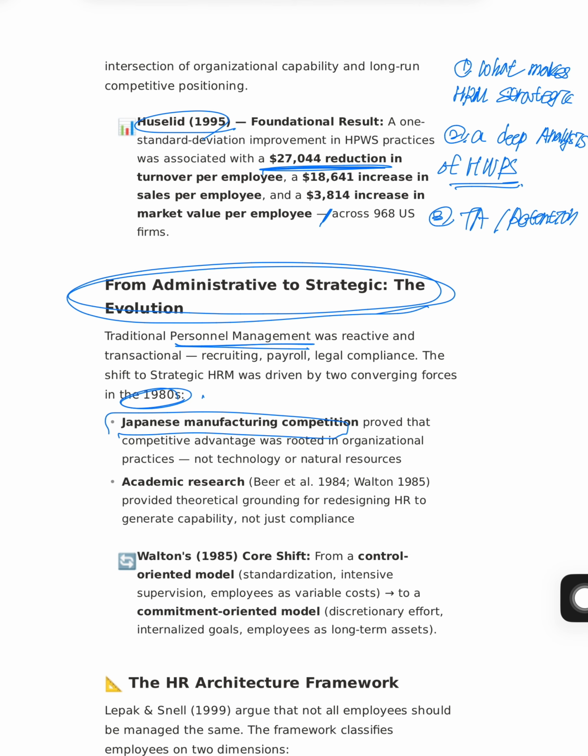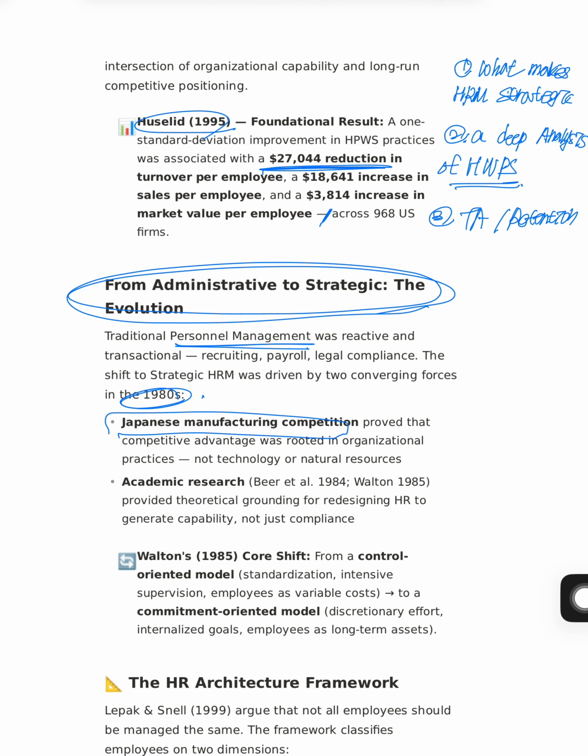This forced American and European firms to confront the uncomfortable reality that Japanese companies were achieving superior quality, speed, and cost simultaneously, and that their competitive advantage was rooted not in technology, natural resources, or government protection, but in organizational practices: how they designed work, trained employees, structured the teams, and built cultures of continuous improvement.